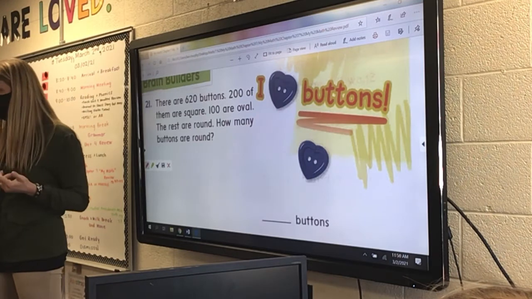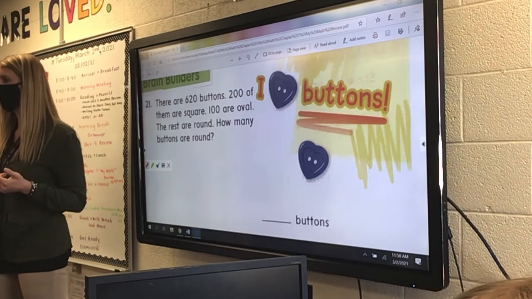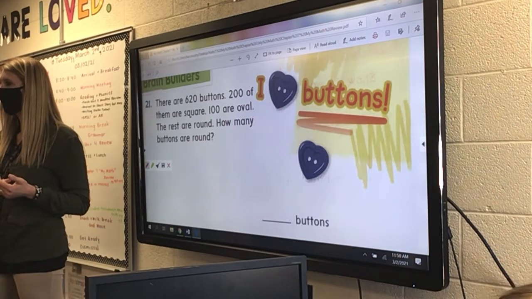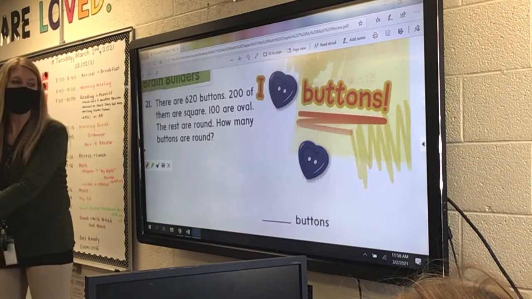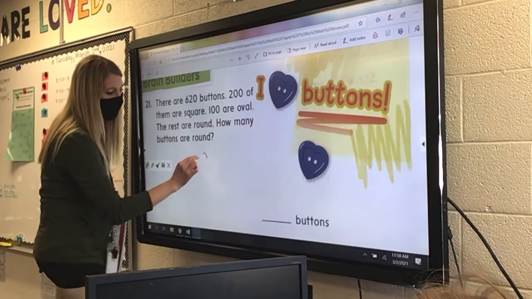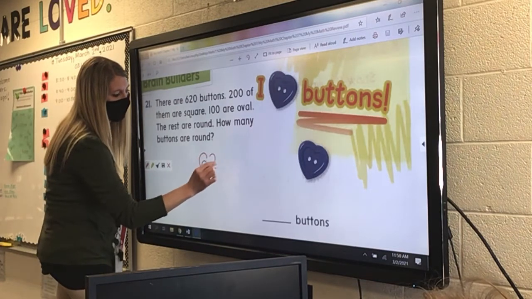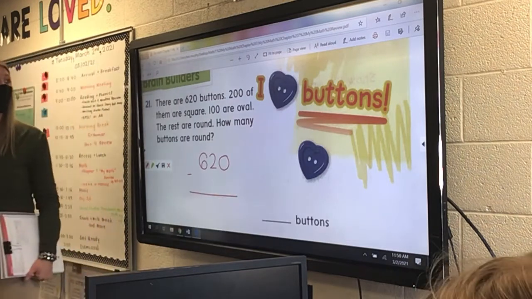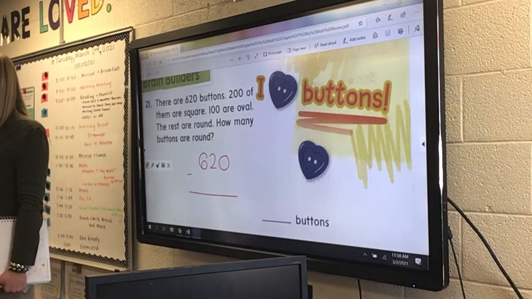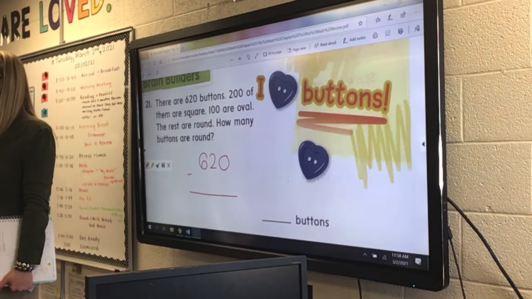Do you want to draw a picture or should we subtract it? Should we subtract it? Okay, come up here, Carla. Let's take 620 and we're going to subtract. We know the ovals and the squares. So guys, help Carla. What's 200 plus 100?